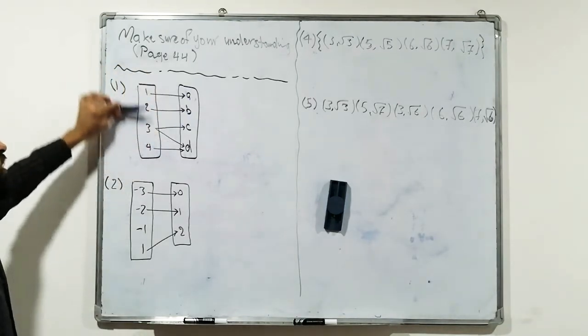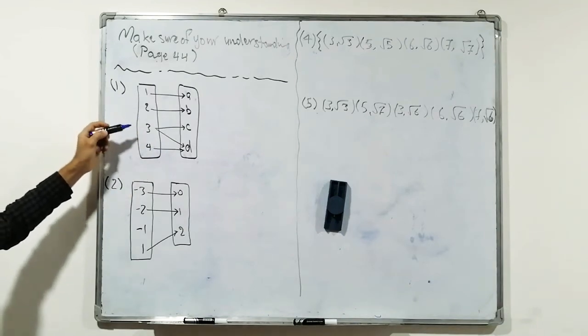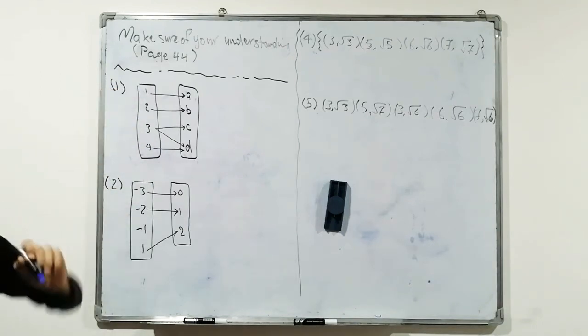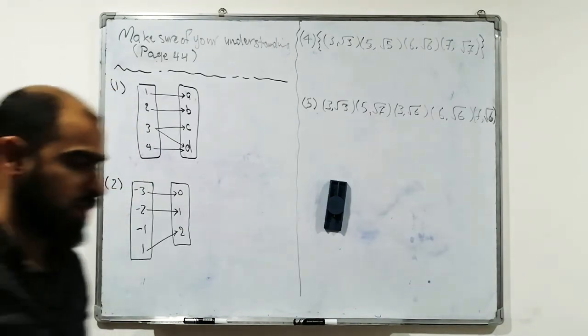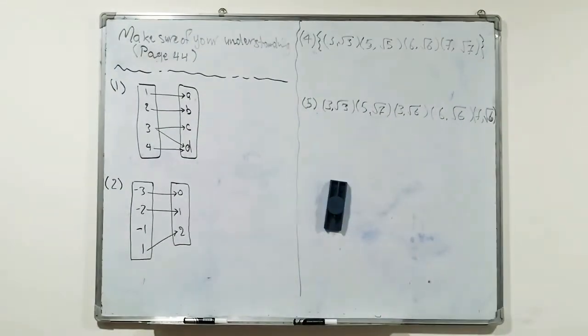First thing here we have in question number 1, the definition of the function that we took in the previous lecture: for each input we have only one output value.